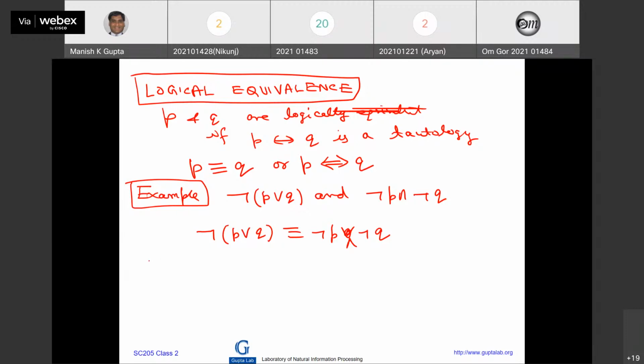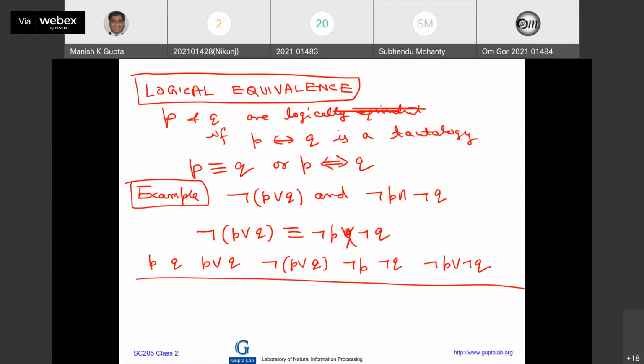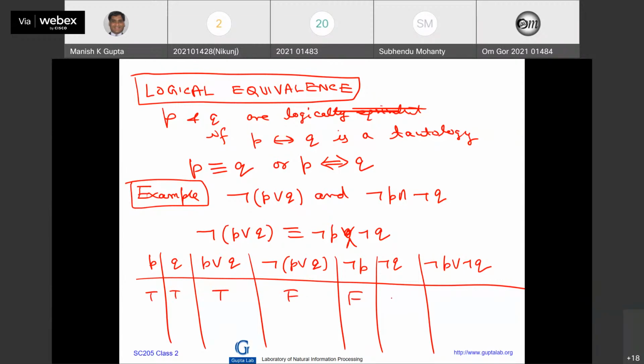So basically you can make the table, P, Q, De Morgan's law. True, true, true, false, false, false, false, true, false, true, false.